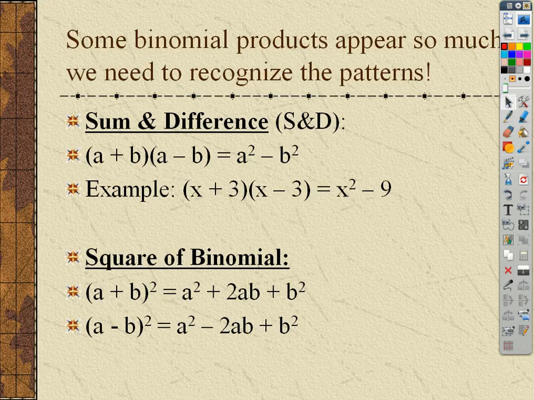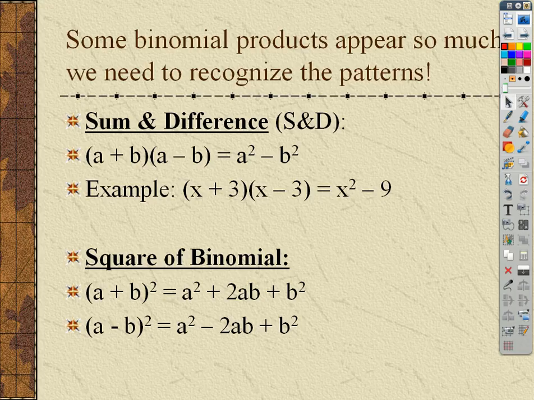If I multiply those out, I just get the difference of squares pattern. We did this in reverse in chapter 5. We started with the difference of squares and factored it into the conjugate pattern. Okay, we're just reversing it this time. So we know a plus b times a minus b is just a squared minus b squared. And an example would be x plus 3 times x minus 3. I know it's always going to be the first term squared minus the last term squared. Done.